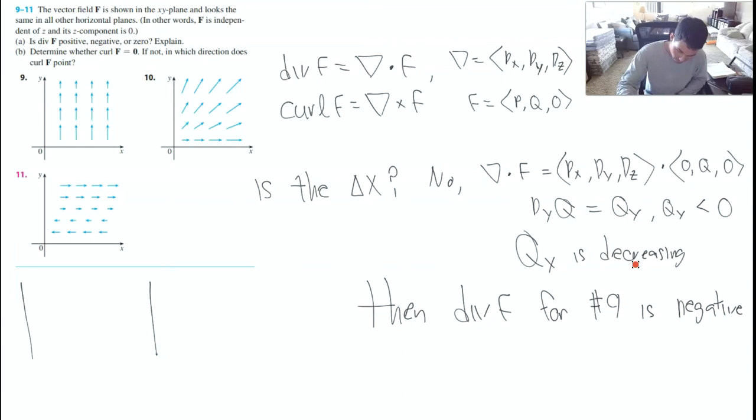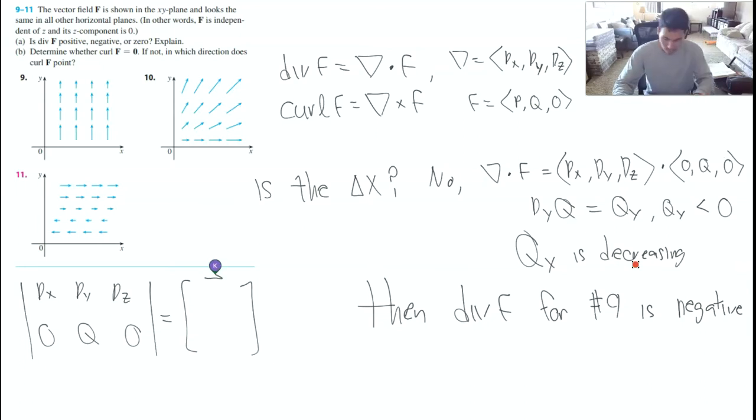So it'd be dx dy dz, 0 0 q, and then its vector would be what? So dy 0 0 dz q. The only one would be negative dz q, right? Everything else would be 0 0. So our vector is purely in the i direction, and it's negative.